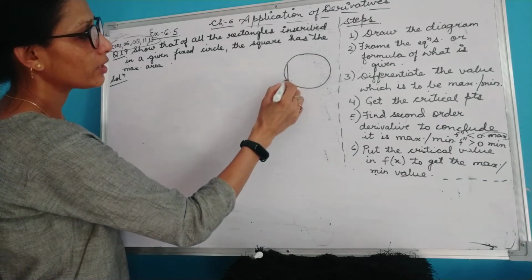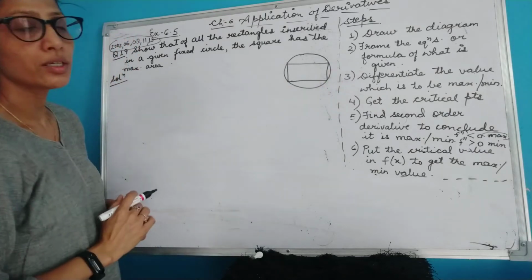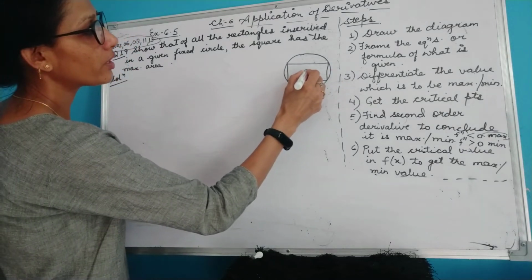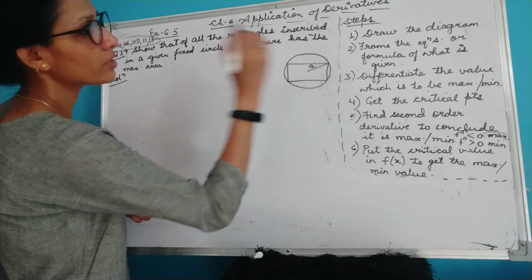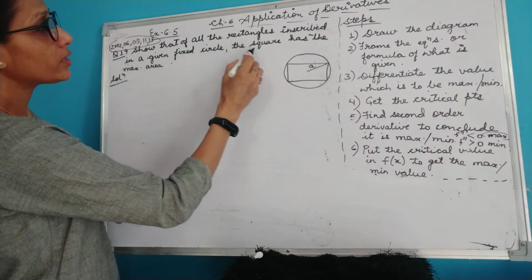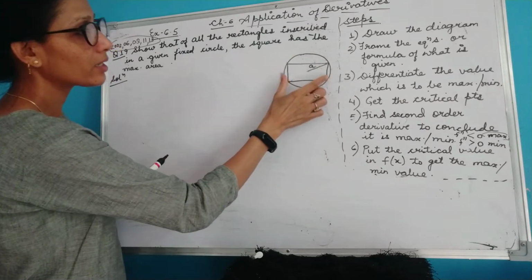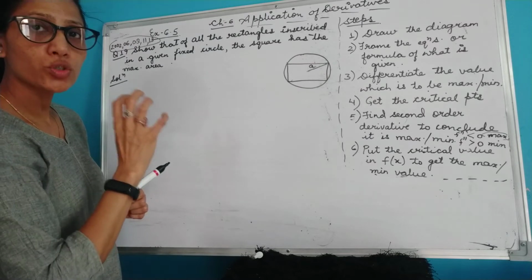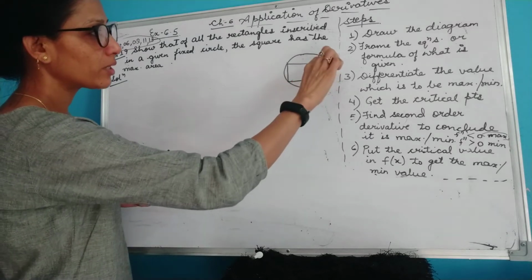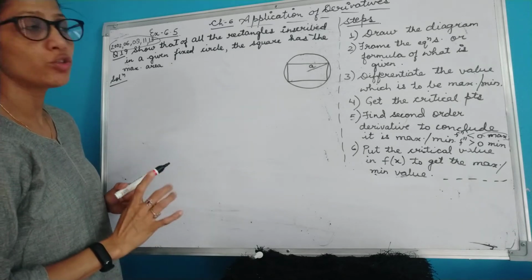So let's say this is your rectangle which is inscribed in the given circle of radius say A. This is radius A. In a given fixed circle, the square has the maximum area. That means when this rectangle becomes a square, when this side becomes equal to this side, it will have the maximum area. We need to prove this.